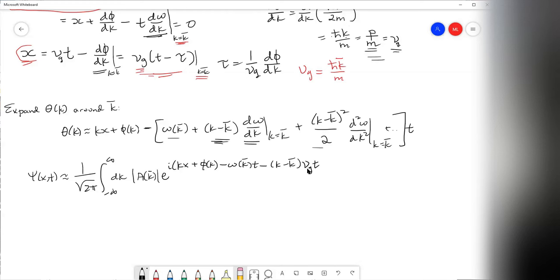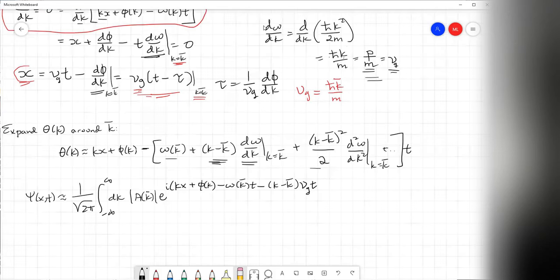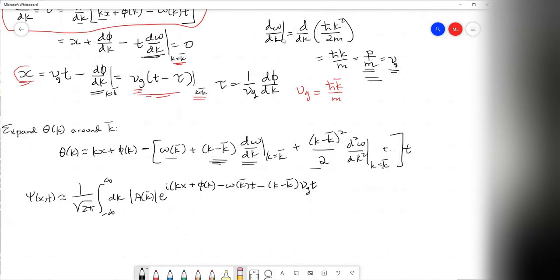That's from here, evaluated at k equals k bar. So I should probably put bars here. Yeah, just this vg. So that's this term. We're going to drop this one because that's higher order. We're just going to keep everything up to linear terms in this k variable. So there you go. That's what the new exponent is.